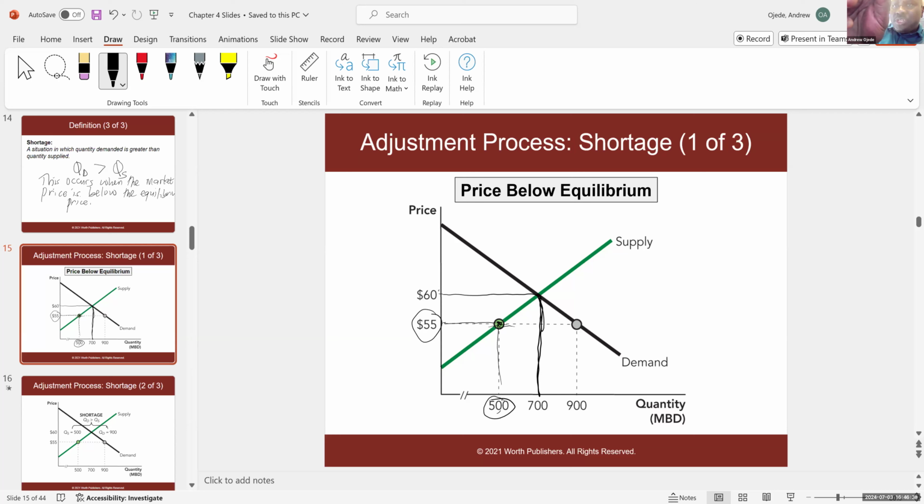So you continue with the dotted line, you hit the demand curve after the supply curve. This is the demand curve. So you read the quantity demanded at that price. You can see clearly when the market price is below equilibrium, such as 55, quantity demanded, which is 900, exceeds quantity supplied, which is 500. So there's going to be a shortage of 400 million barrels of oil per day.